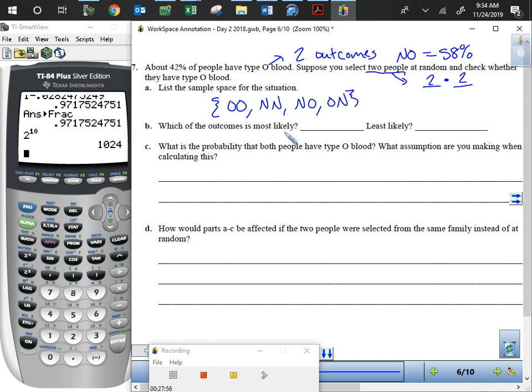So which one is most likely? This has 2 O's, this has 2 not O's, this has 1 of each, this has 1 of each. So the most likely is to have 1 O.